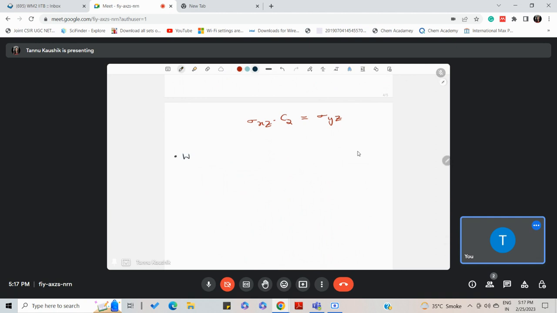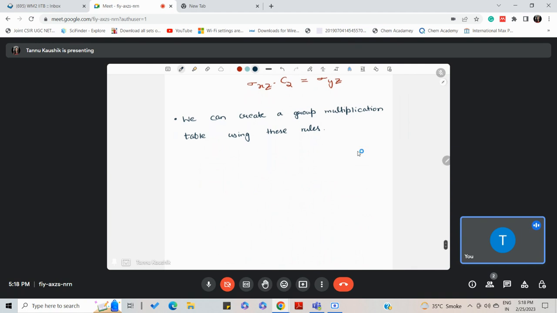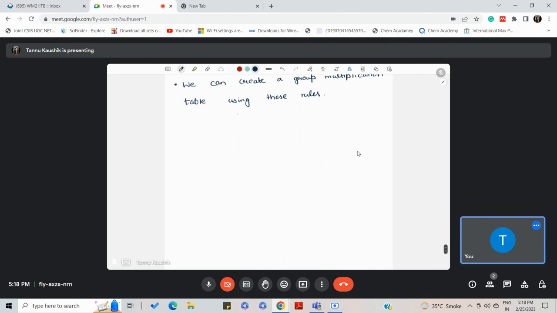Okay, table using these rules. Let's see how it helps us in creating a group multiplication table for the C2V point group.